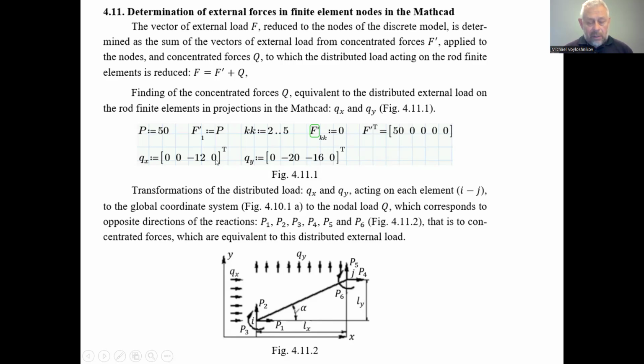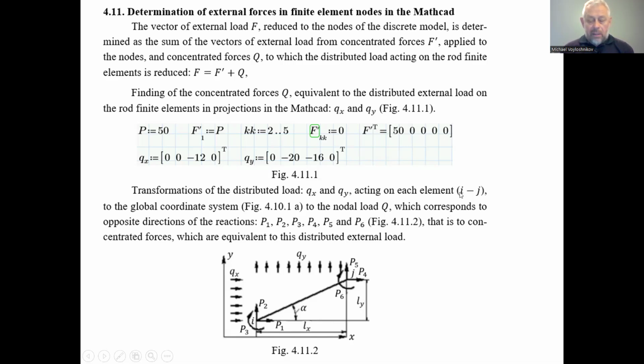And 0 is the distributed force: the two components, horizontal component Qx and Qy of the distributed force acting on the fourth finite element, the vertical stand between the nodes 3 and 5. The same 0 distributed load, the same as for the action of the distributed force on the vertical stand between the node 1 and node 2. So for the first finite element, we also have 0 distributed load. For transformations of the distributed loads we specify here Qx and Qy acting on each finite element.